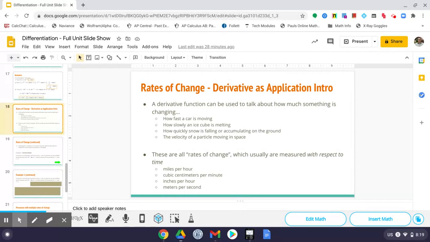And all of these things are measured with respect to time: per hour, per minute, per second. As soon as we see that language, that per hour, that per minute, anything like that, we know that we're now in a rate of change. You can think of those almost as a derivative, or at least the language of derivatives. Anytime you see that type of language, we know we're talking about the derivative itself.